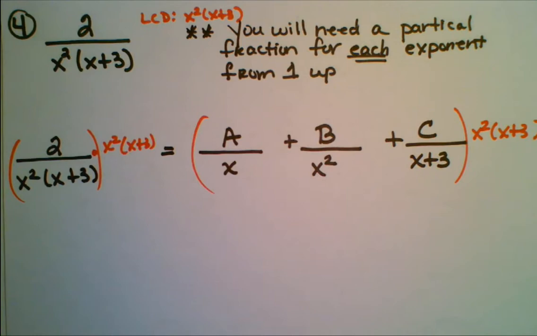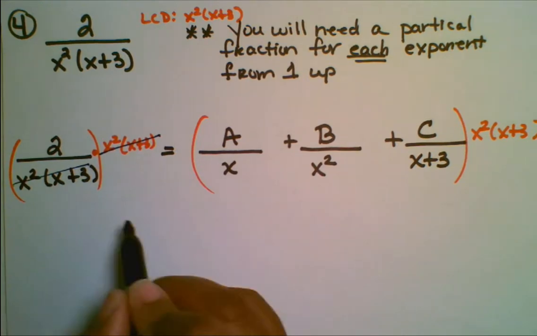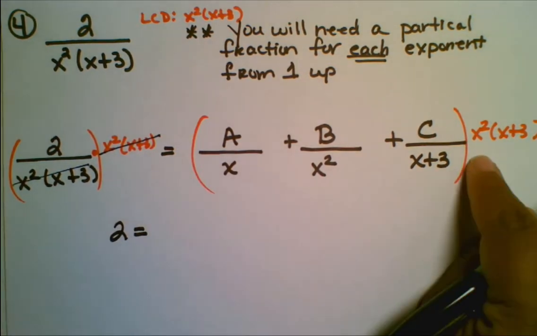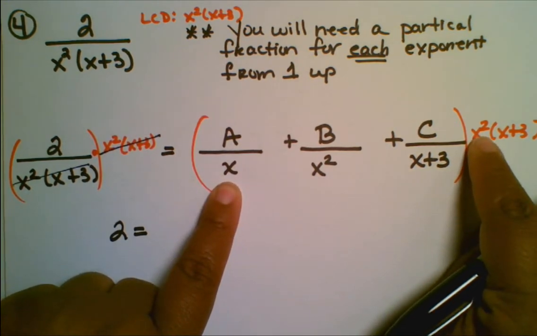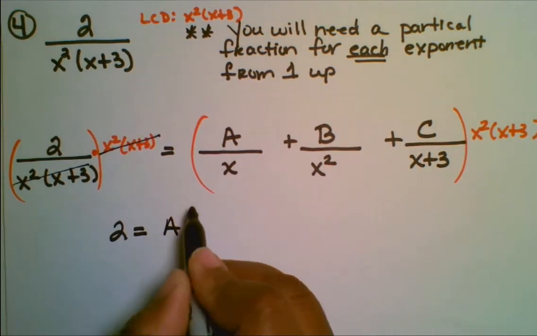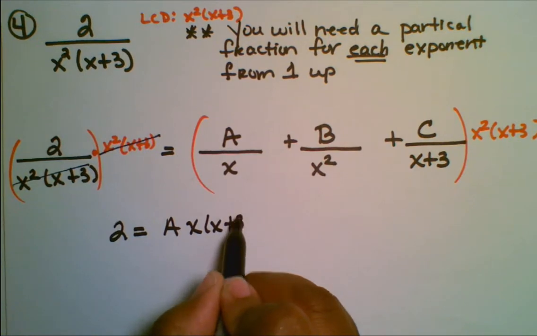On the left hand side, the x squared, x plus 3's cancel. We have 2 is equal to. Now on the right hand side, let's look at the first term. x goes into x squared, x times. So then we're left with a times x plus 3.